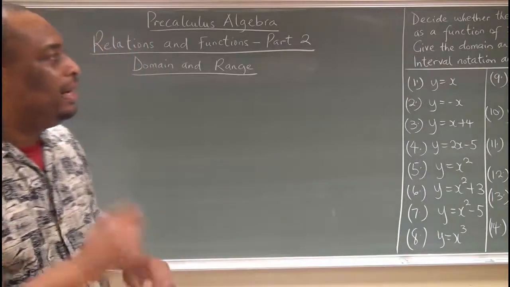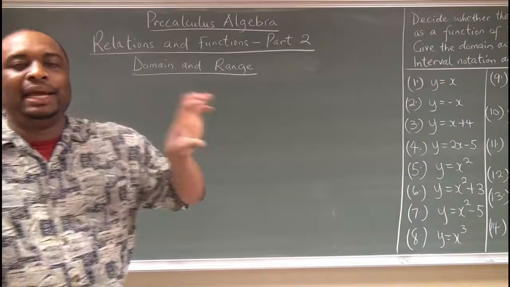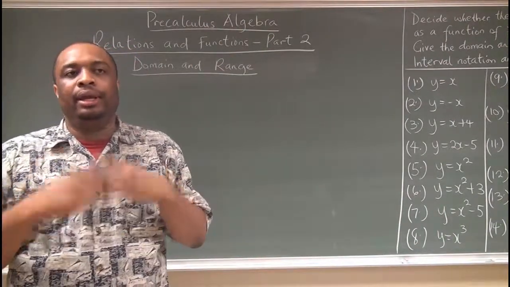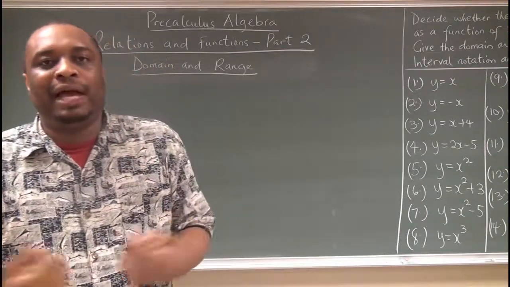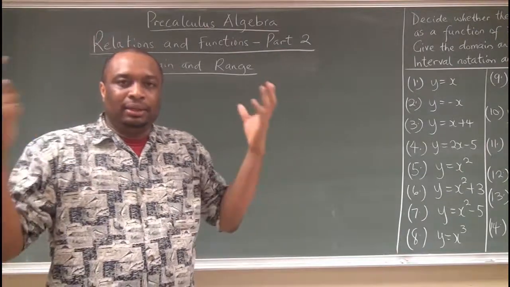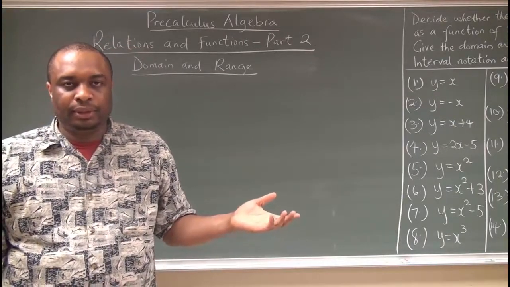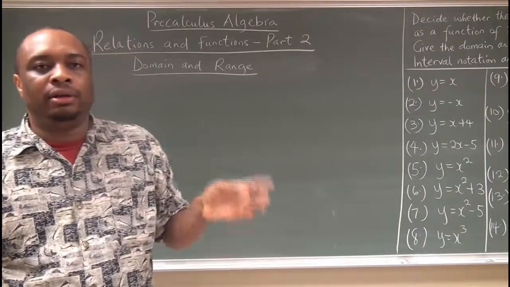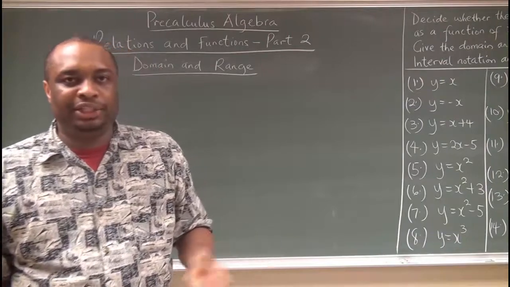Okay, let's get started. Now, recall what is domain? Domain is the set of all the x values, or all the input values in the ordered pair. In a relation of ordered pairs, domain is the set of all input values in the ordered pair of the relation.